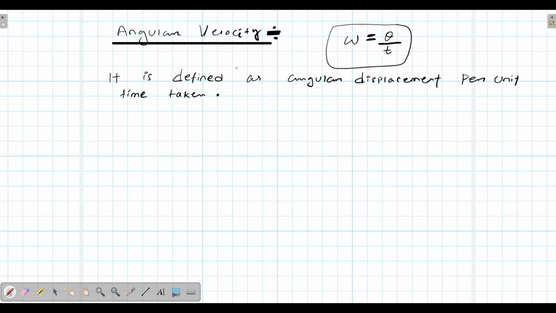SI unit of angular velocity is radian per second.